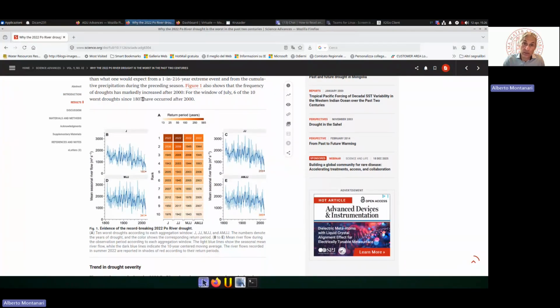The second lowest July flow was 2006. The third lowest July flow was 1945. Let's look at the second column, flows in June and July. The most severe was again 2022. The second most severe was 2006. The third one, 2005.